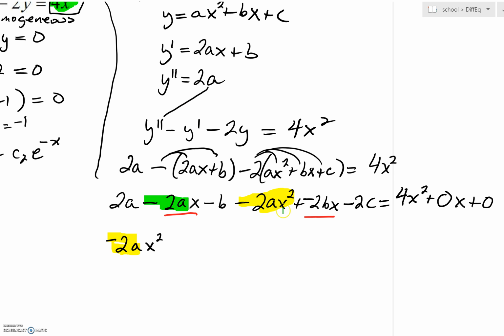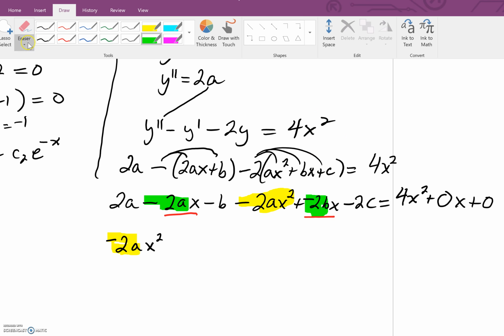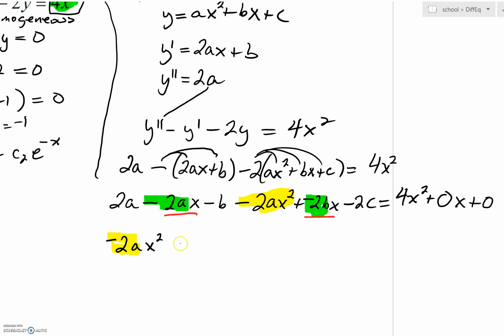I could combine those. Actually, and let's see here. If I factor out an x, guys, I'd be left with a negative 2a minus 2b, and here's my x.